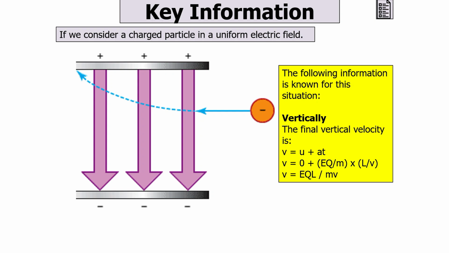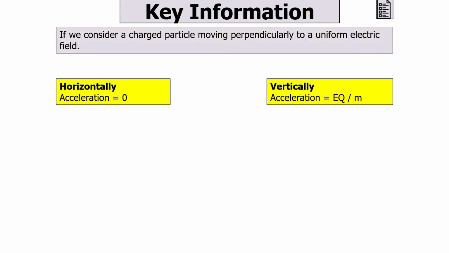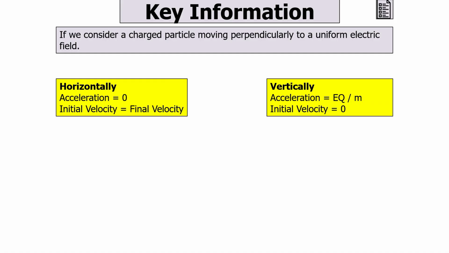So, if we consider a charged particle moving perpendicularly to a uniform electrical field, horizontally, our acceleration is 0. Vertically, our acceleration is EQ over m. Horizontally, our initial velocity equals our final velocity, whilst vertically, our initial velocity is 0. Whilst our final velocity vertically is EQL over mv.